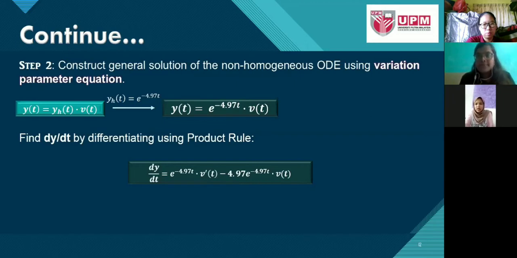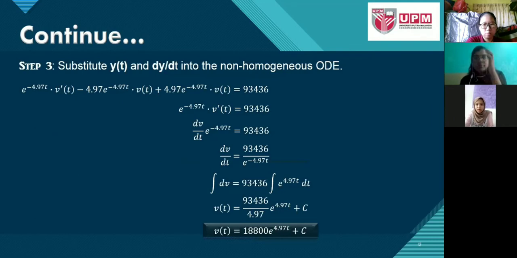Next, for step 3, we need to substitute the values that we got for dy dt and yt into the non-homogeneous ODE, which is the first one.